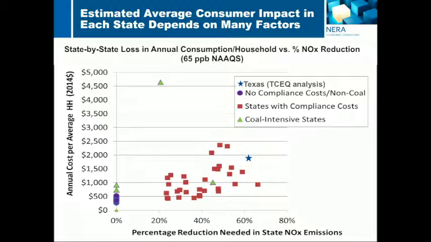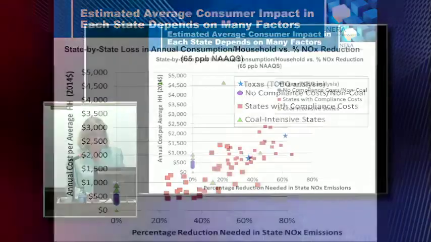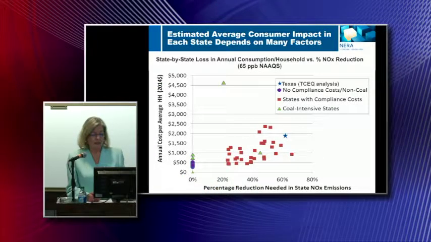And then I've graphed the cost per household that was estimated from our analysis on the vertical axis. The dots refer to different types of states, the color of the dots, that is. But the main thing to note is there are states that have no control requirements. Those were the ones that were not colored on that map that I showed earlier.